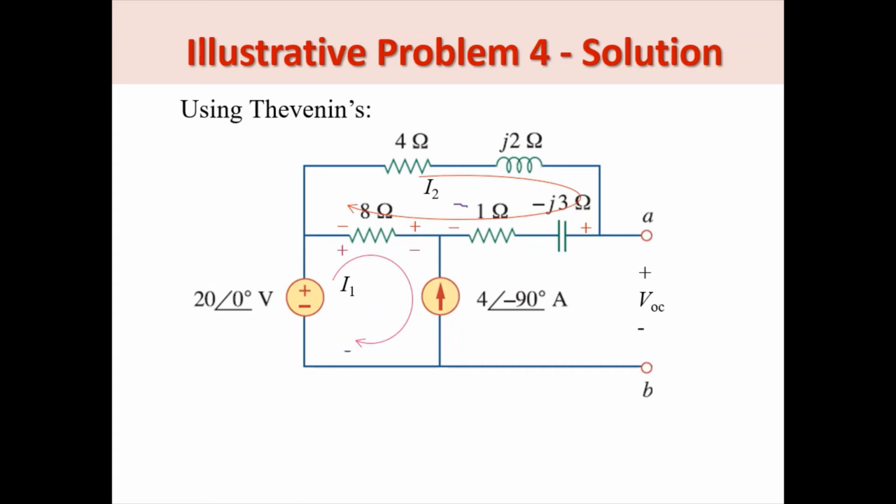Then let's plot the polarity due to the loop currents. So for the 8 ohms, there are two voltage drops: the voltage drop due to I sub 1 and the other one due to I sub 2. For 1 minus J3, 4, and J2, there's only one voltage drop.